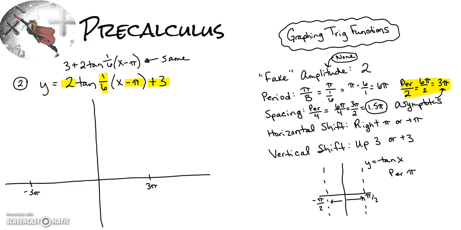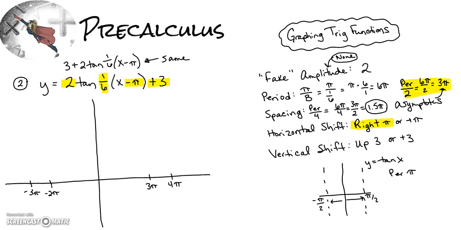But in our problem, we also had this horizontal shift of right pi. So we're going to pick up each of those asymptotes and move them to the right pi. So that's going to make this one change to -2 pi, and it's going to change this one to 4 pi.